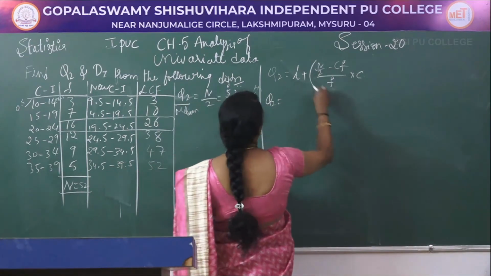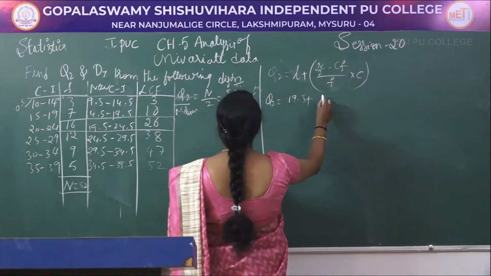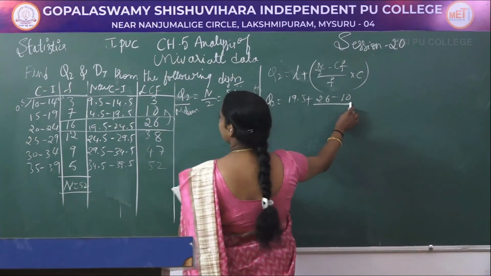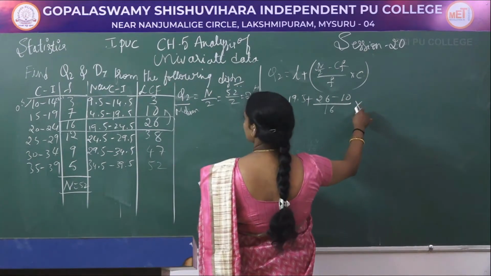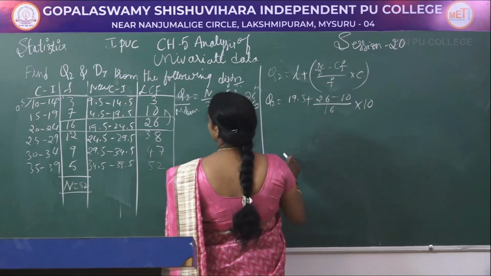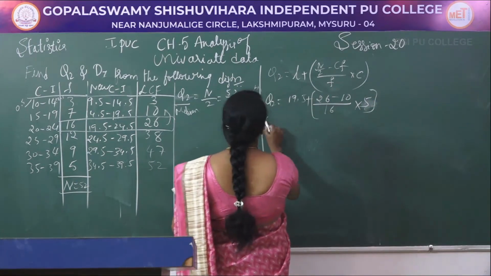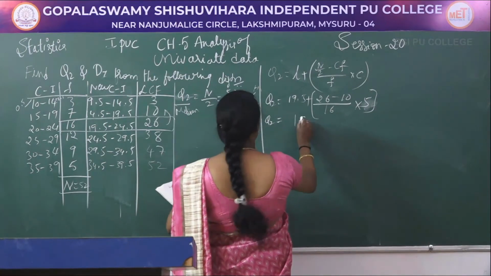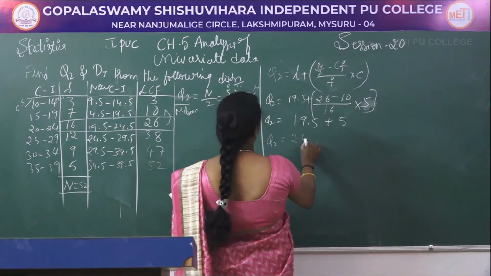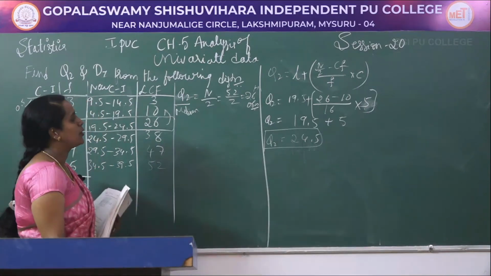So Q2 is equal to L is 19.5 plus N by 2, 26, minus CF, the previous one, that is 10, divided by F, which is 16, into the width of the class interval, which is 5. So Q2 is equal to 19.5 plus 5. After simplification, Q2 value is 24.5.